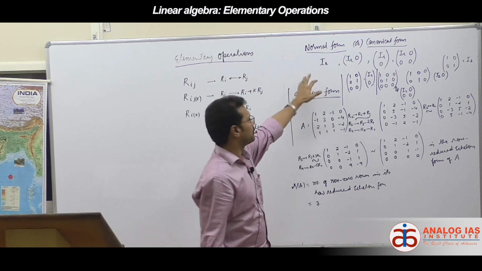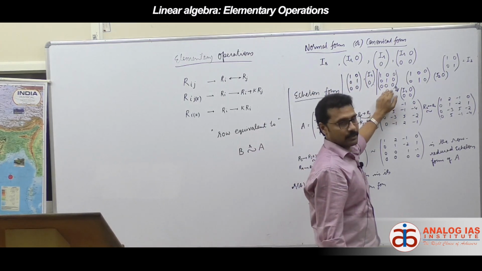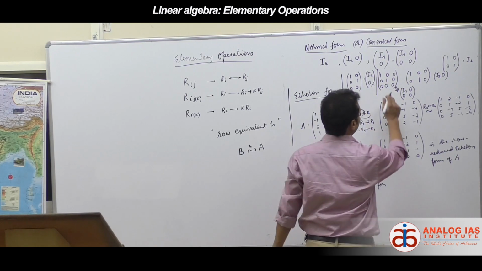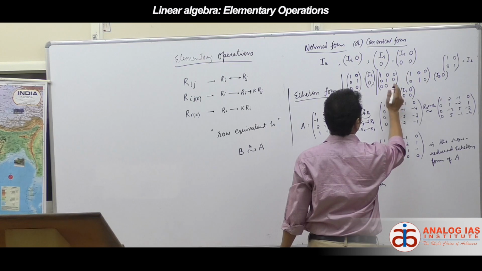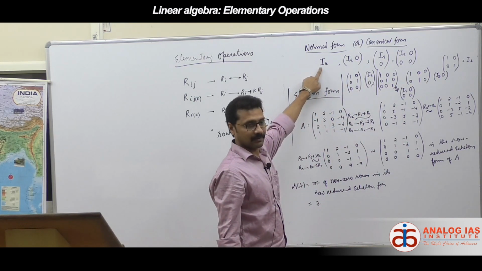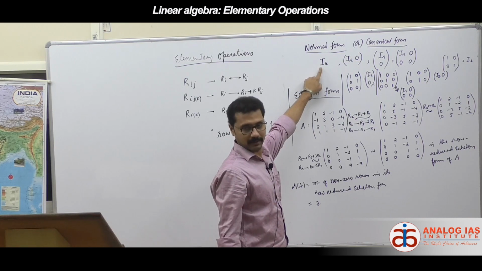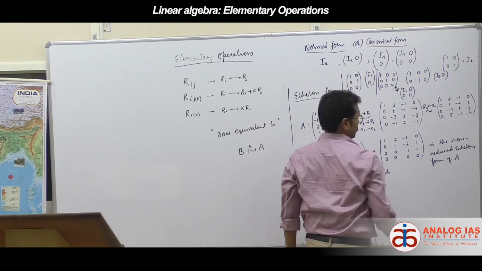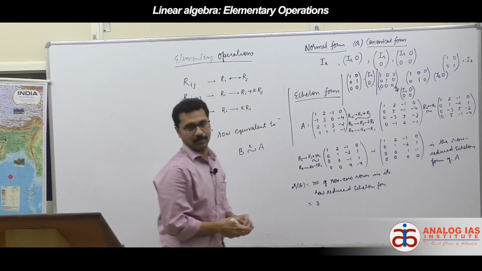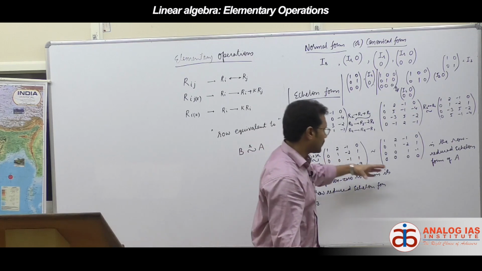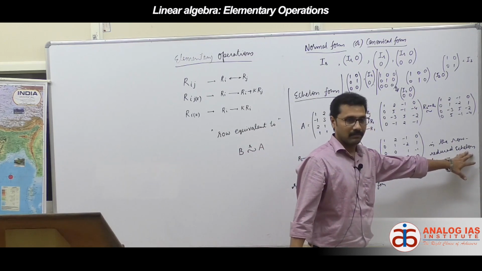Are you getting that? Suppose it is a 3 by 3 matrix and the rank of the matrix equals 3, I should have got 1s along the diagonal, which looks like I3. So all these things come with row reductions. The normal form or canonical form comes after you get the echelon form.